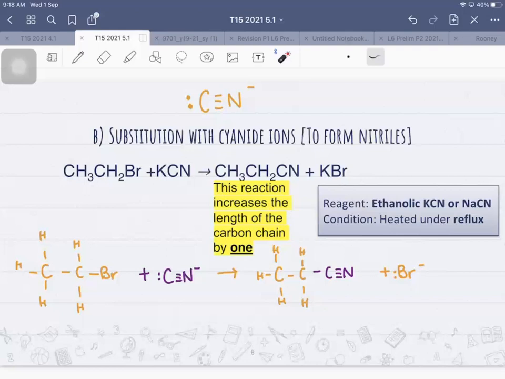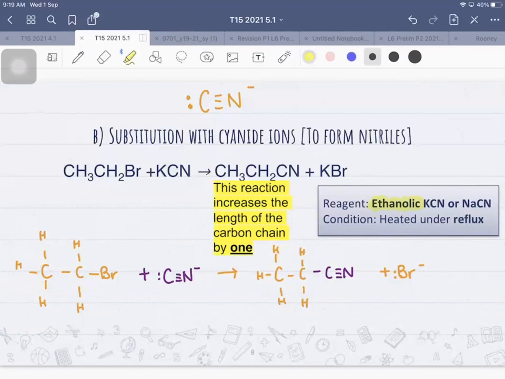Okay, now one thing that I want to highlight to you is that your potassium cyanide or sodium cyanide, your cyanide ions are dissolved in ethanol. It's not aqueous, okay? Please take note. The reason for this is because if you use aqueous, it's water.